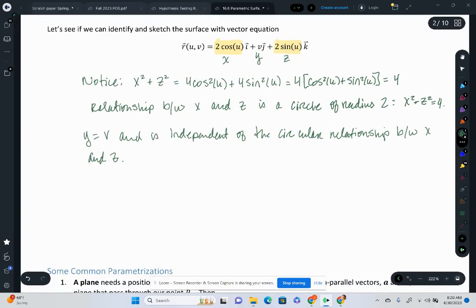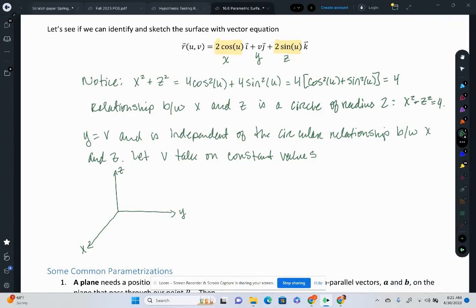Okay, so what we could think about is we're going to let v take on constant values. And then let's think about what we end up getting. Okay, so in the case where y is equal to v is equal to 0, that would be right at the origin. And what x and z are doing at the origin is they have a circle of radius 2.